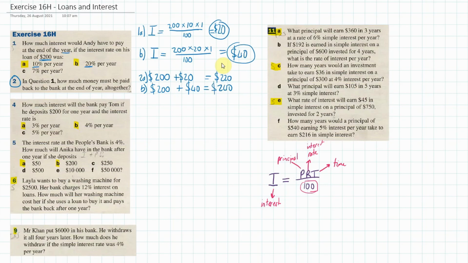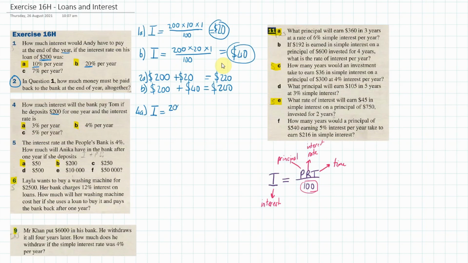Okay. Number 4. How much interest will the bank pay Tom if he deposits? Okay, so this means he's putting money into the bank. So for 4A, he's depositing $200 for 1 year. Okay, so the amount of interest that he will get is his principal.